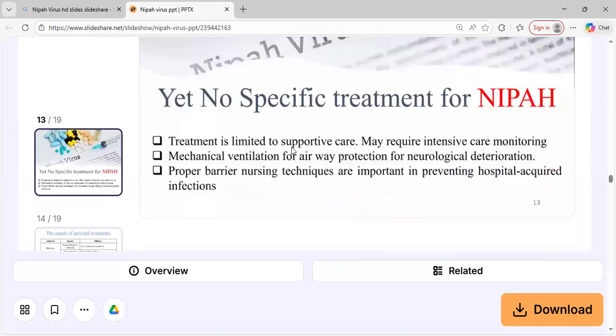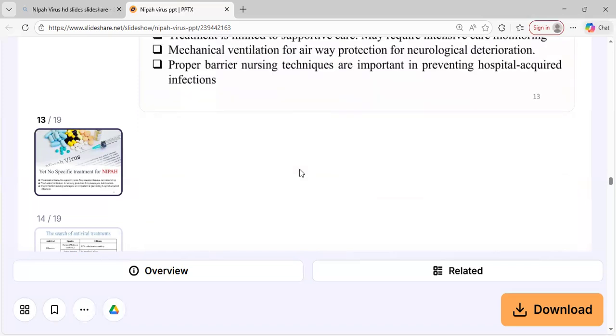As yet, no specific treatment for Nipah virus has been found, so prevention is key. We can maintain mechanical ventilation, and different nursing techniques can also be helpful to prevent infection from the Nipah virus.